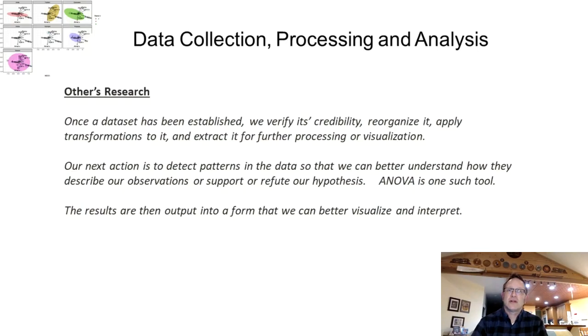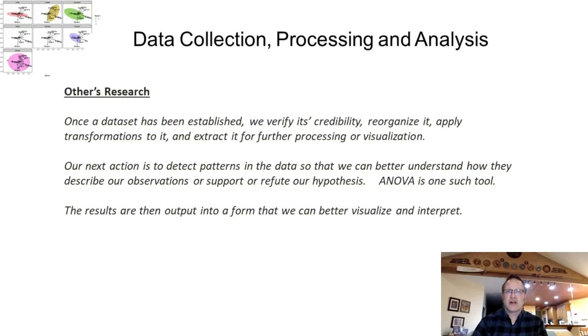Now, the other thing you also want to look at is, can you detect patterns in the data so that you can better understand how they describe the observations or support the observations that are part of your hypothesis. Okay, and an analysis of variance is one way to do that.